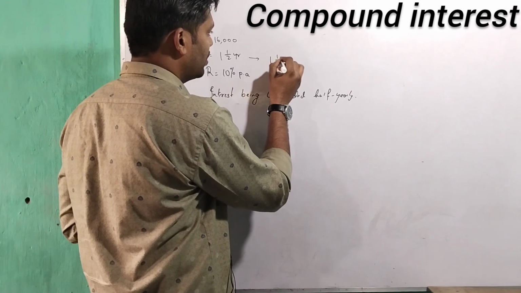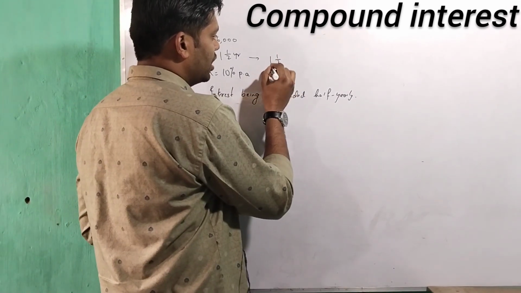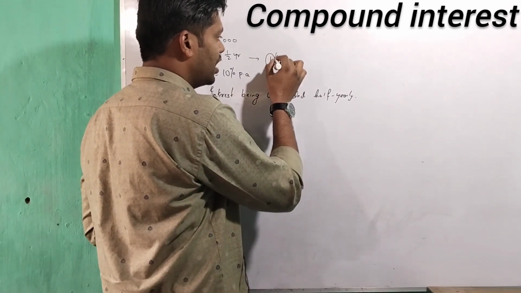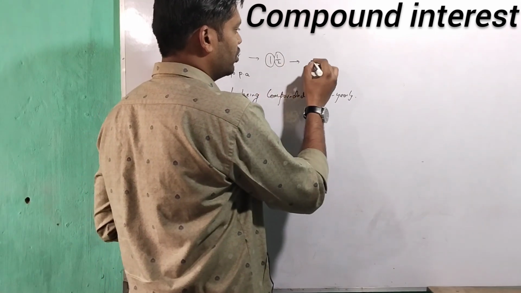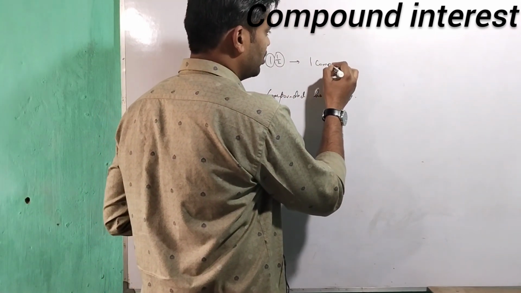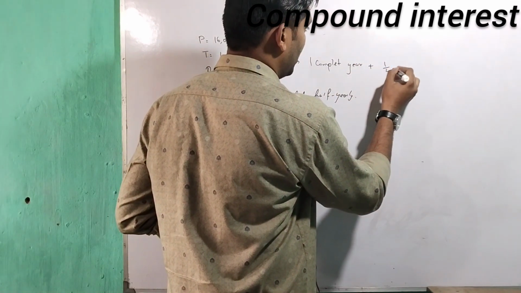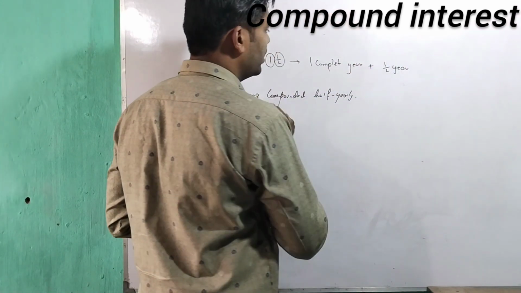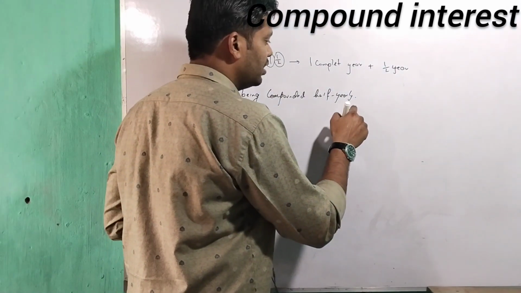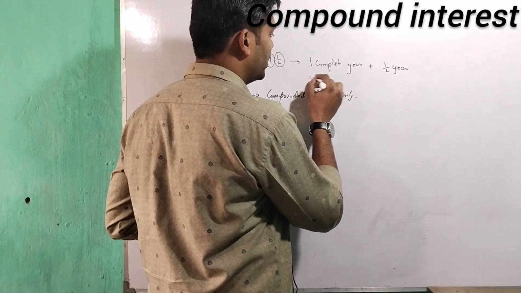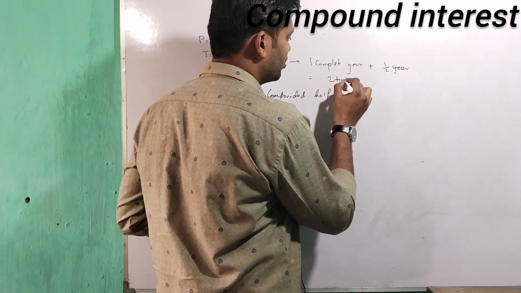This is 1 by 2. What do you mean by this? One complete year and half of that year. One complete year, since it is half yearly, means 2 times.